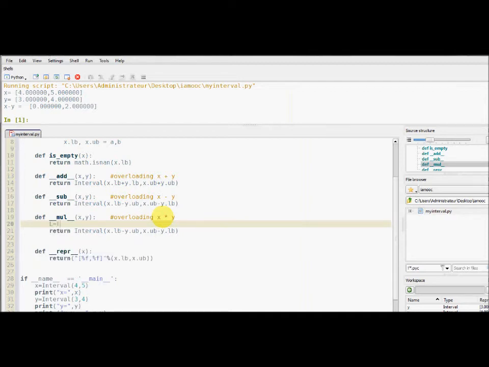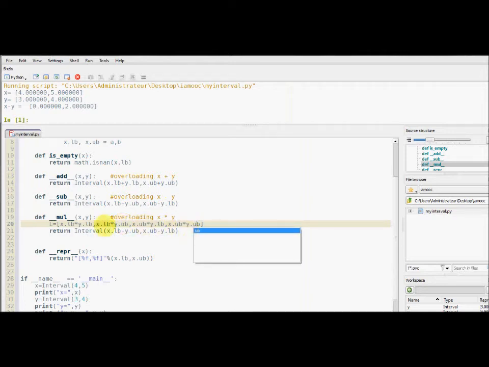In this list, I will have the multiplication of the lower bounds, so upper bound, lower bound, upper bound, upper bound.